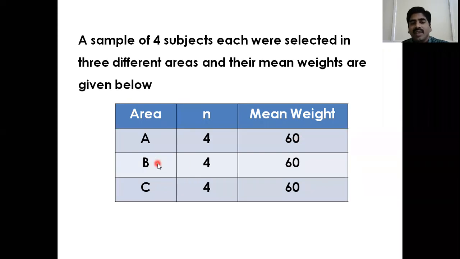In area B, again 4 samples were collected, and their mean weight is 60. And in area C also, the mean weight is 60. So what is our interpretation? According to measures of central tendency, mean weights are the same in all 3 areas.